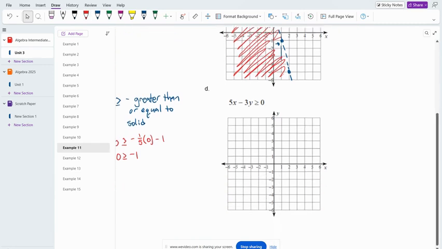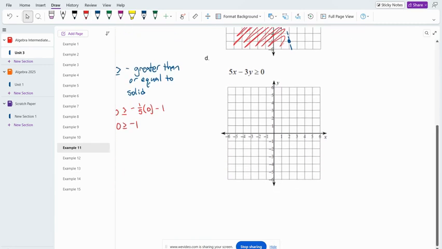And then on to the last one that's in standard form. We're going to move it over. So minus 5x from both sides. And we have negative 3y greater than or equal to -5.